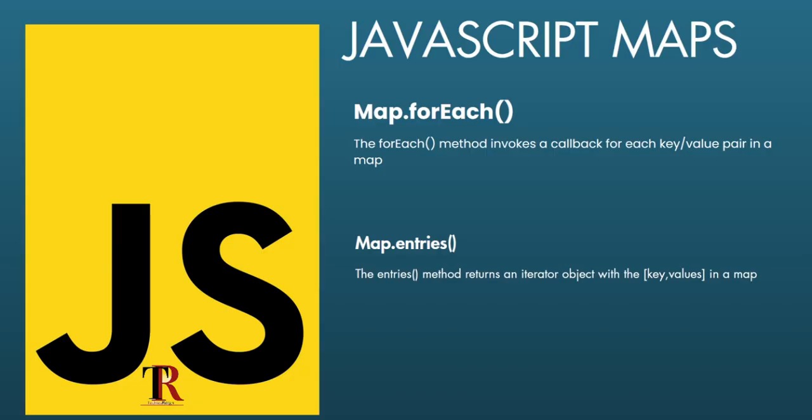So let's dive in. The map.forEach method invokes a callback for each key-value pair in the map. When you look at an example of the forEach method, you are going to see how the callback for the key-value pair looks like and what it does when working with a map. And the entries method returns an iterator object with the key-values in a map.